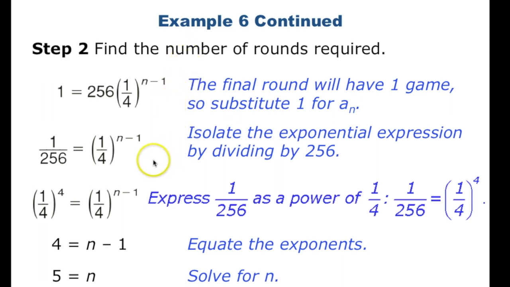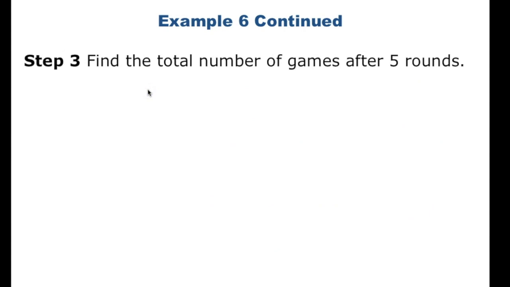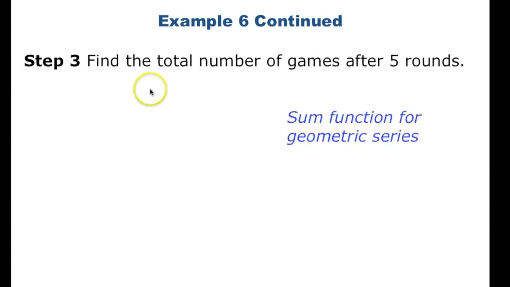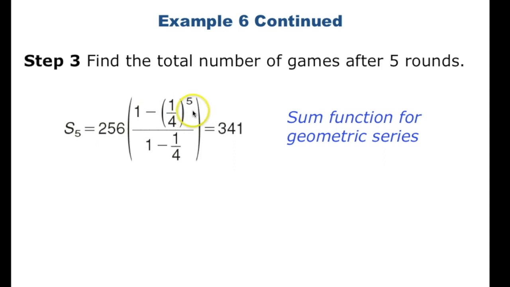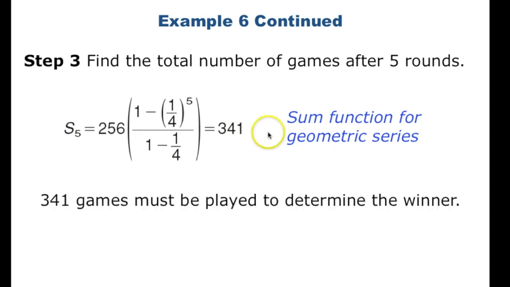So this gives us an idea about how to do the finite sum, and the next video that'll be done will be on the infinite sum. Let's finish this problem up. The fifth round, there will be 341 games, because each time, there were 4 people playing.